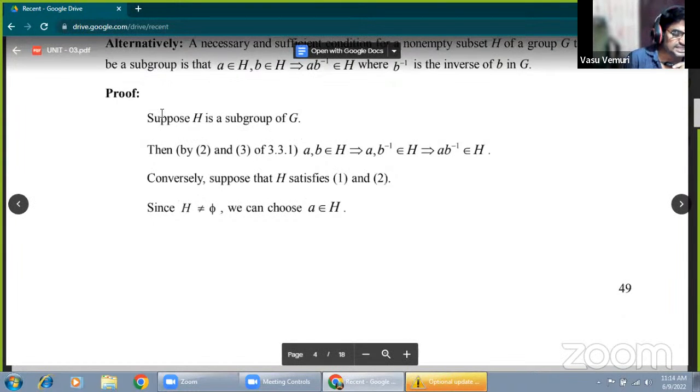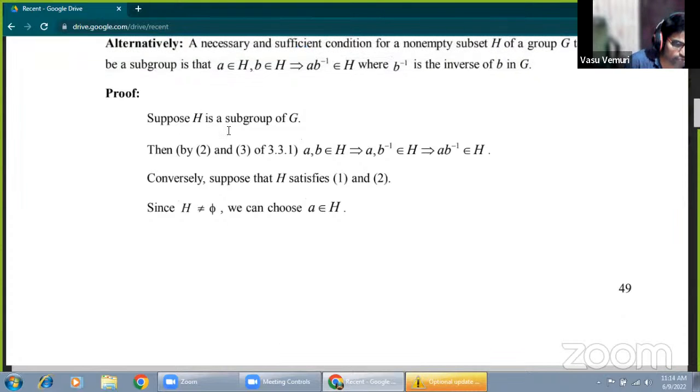Suppose first of all H is a subgroup of G. Already it is a subgroup, which means before that it is a group. By the first theorem, the conditions are the closure condition and the inverse element. According to this, you construct the relation: A, B belong to H. Here B means a non-zero element, and a non-zero element must possess a multiplicative inverse.